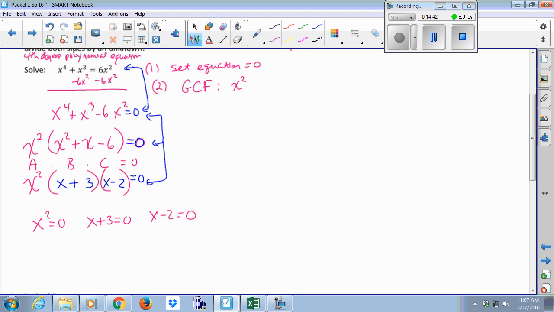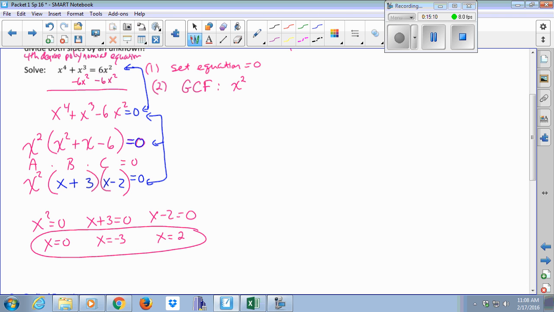And now you have baby equations to solve. This first equation is quadratic, but it's no big deal because it's the simplest one you can get. X squared equals 0 has one answer, x equals 0. X plus 3 is a linear equation, so there your answer is x equals negative 3. And your next one's a linear equation, x equals 2. So you have these three distinct answers.